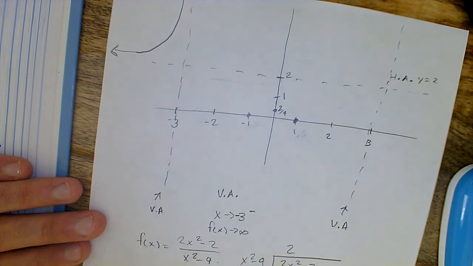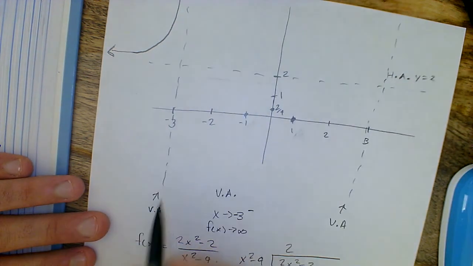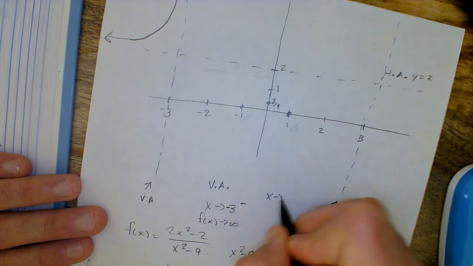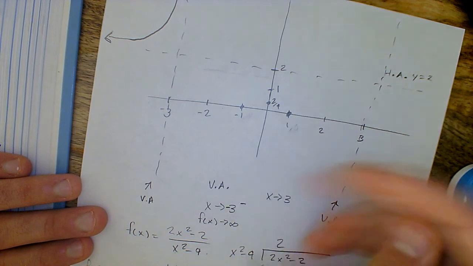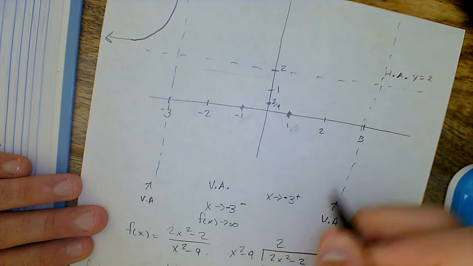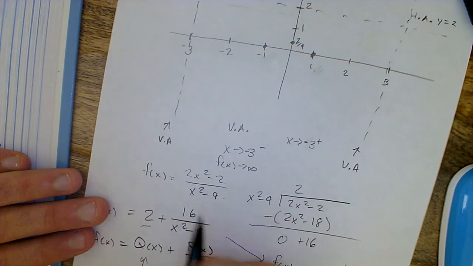We also want to know where this comes from, so we have to see the behavior of the graph when x approaches negative 3 from the positive side.